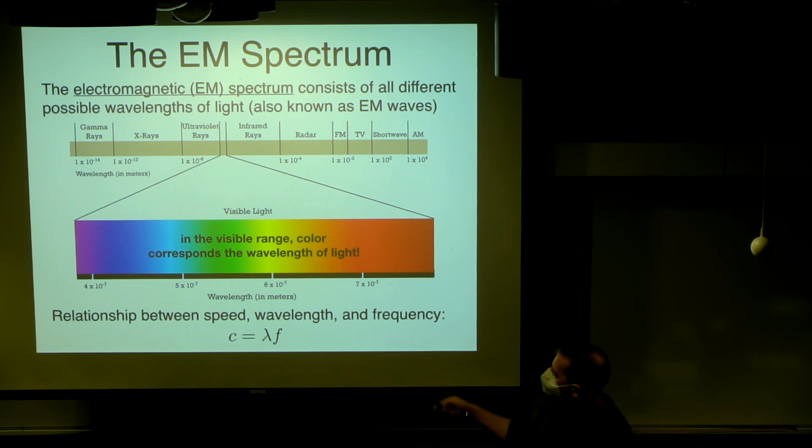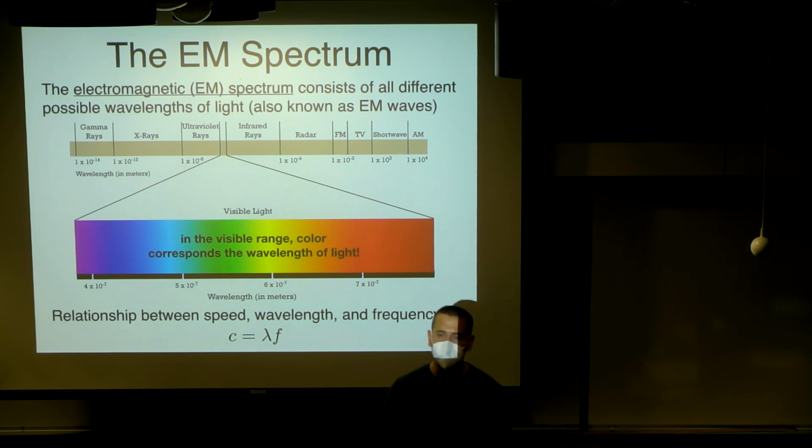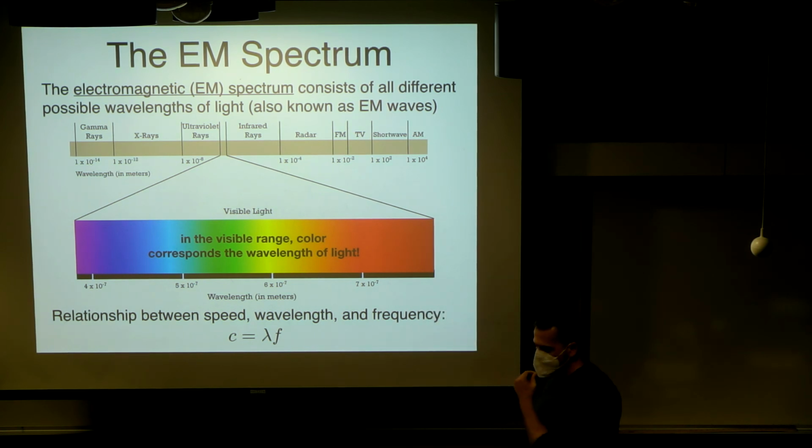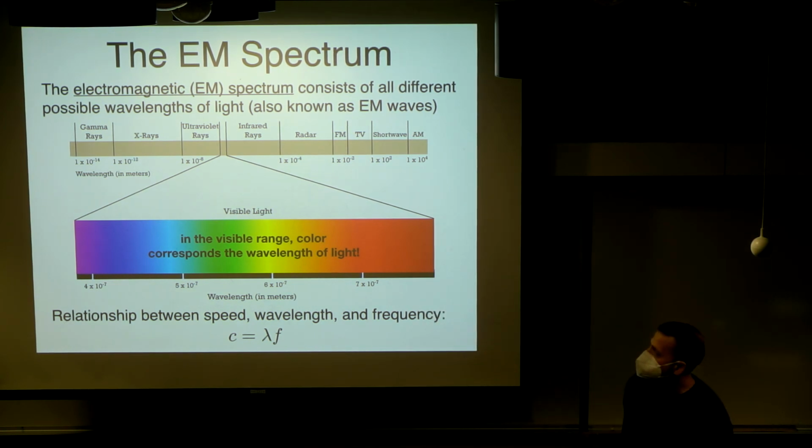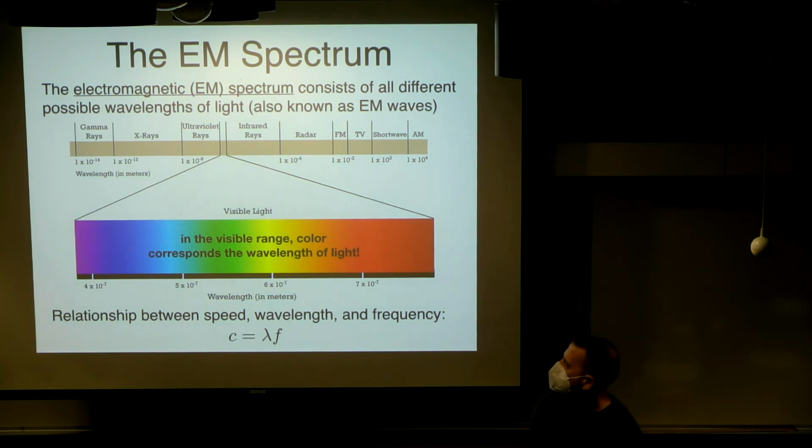Everything from gamma rays to X-rays to visible light to radio waves is in the electromagnetic spectrum. Every single type of EM wave is in here. The way I'm showing it to you here is based on wavelength, okay? So if you go along this axis, we're basically just increasing in terms of wavelength.